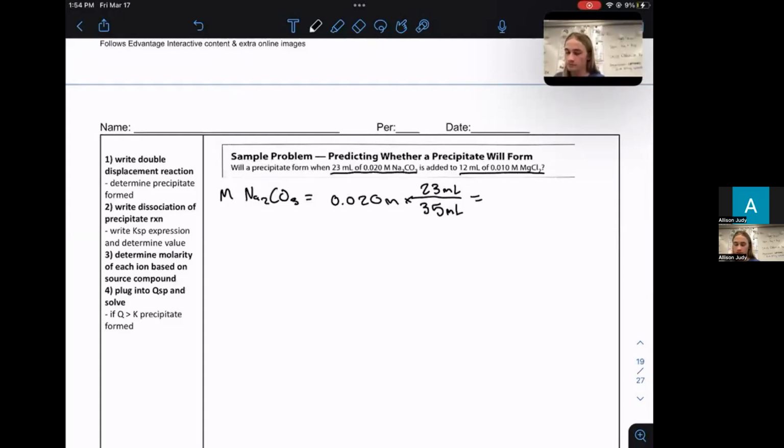I really wish I had a nice calculator to do this quickly. Somebody want to do that and tell me what that is? The molarity of magnesium chloride is going to be the same calculation, but with its values. So 0.010 molarity times 12 milliliters, our initial amount of that solution, over 35 total.